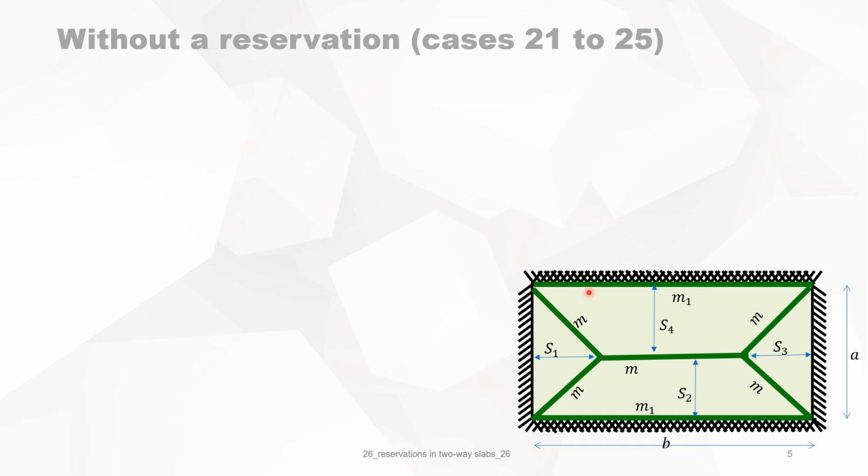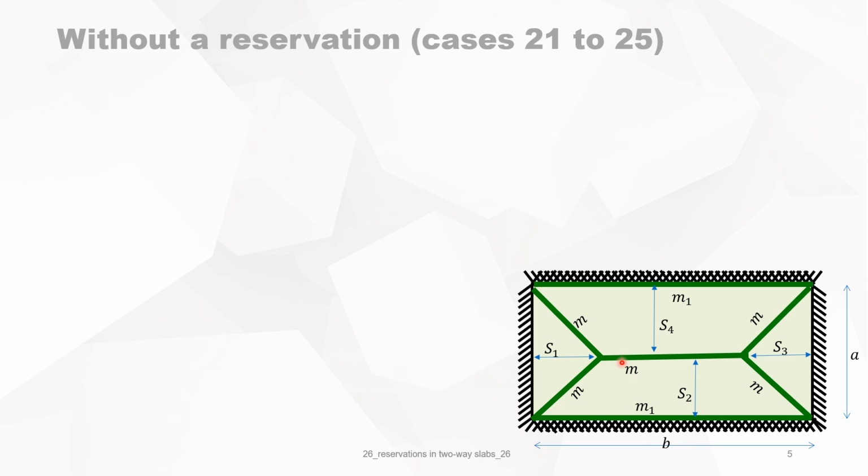Now, in general, when we have the yield lines, the positive yield lines are of a value m, negative yield lines are of a value m1.